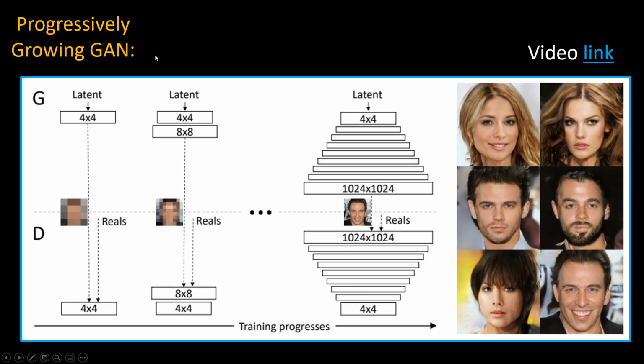And so this is the representation of that training process. We basically start with a generator and discriminator being very small. So it's generating some like 4x4 images at the start, and then upscales one by one. So 4x4, 8x8, all the way to 1024 by 1024.